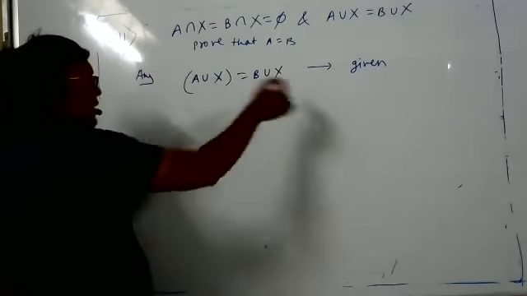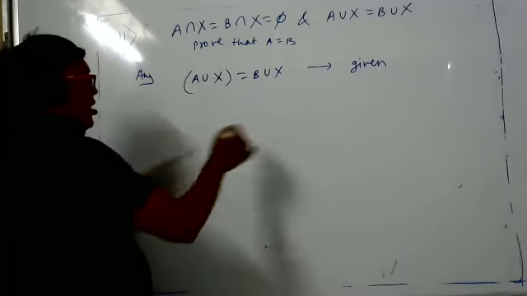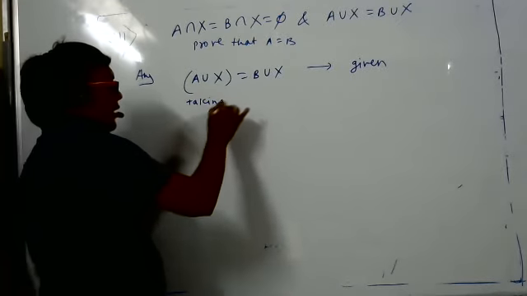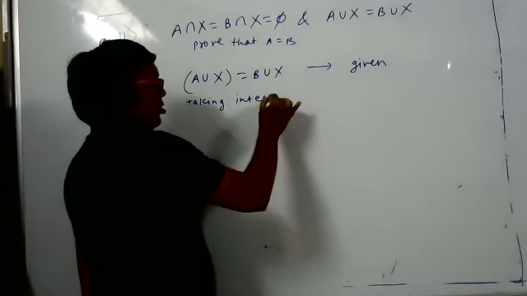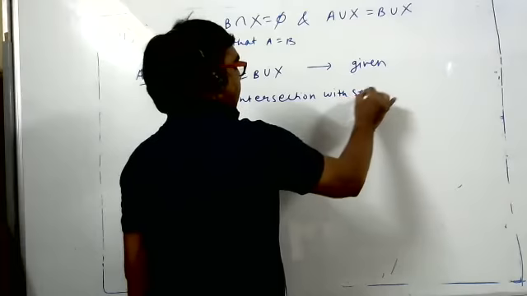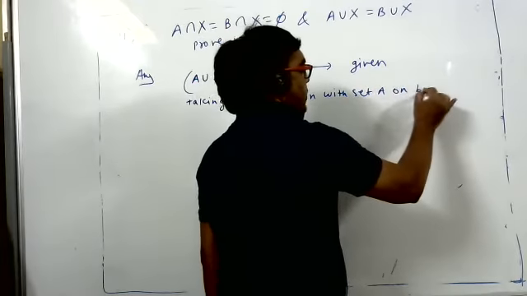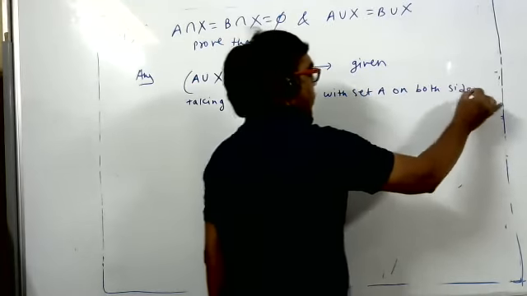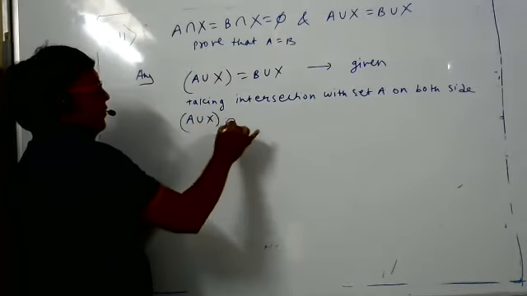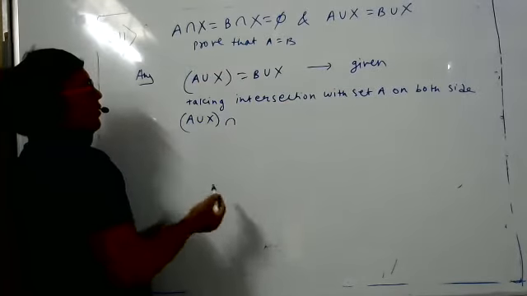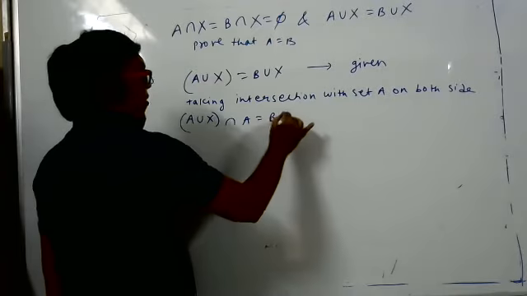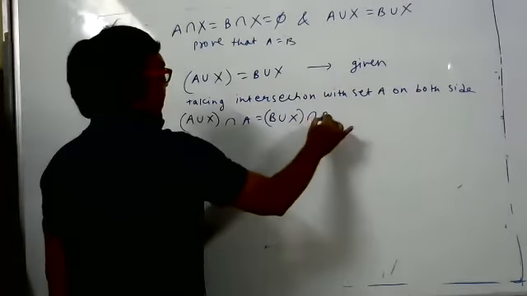So we will take intersection with set A on both sides. So what am I supposed to write now? (A union X) intersection A, and (B union X) intersection A.